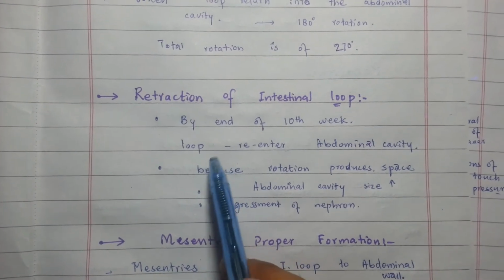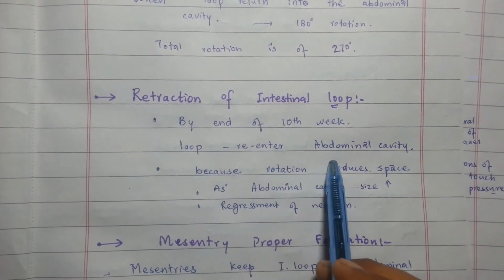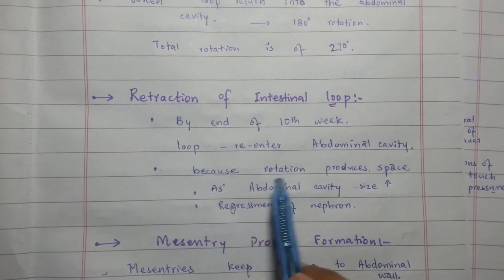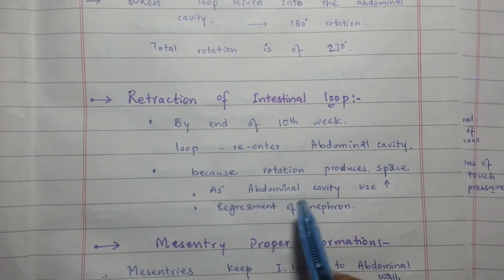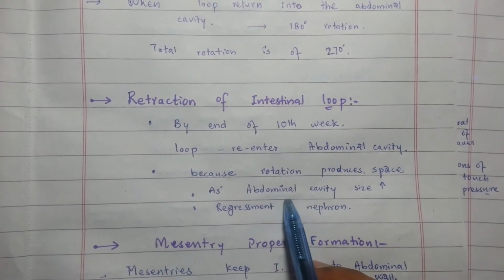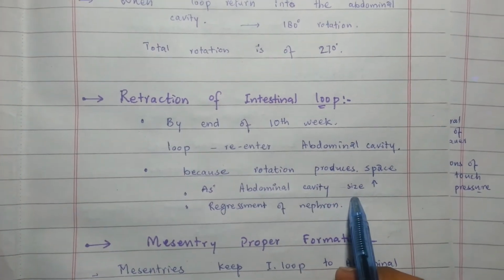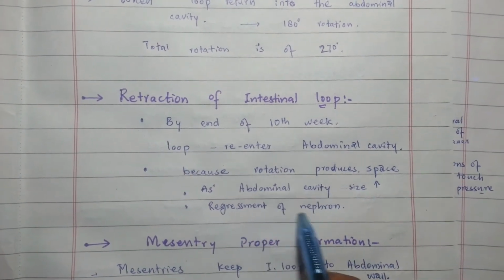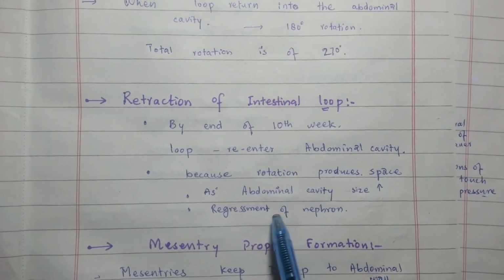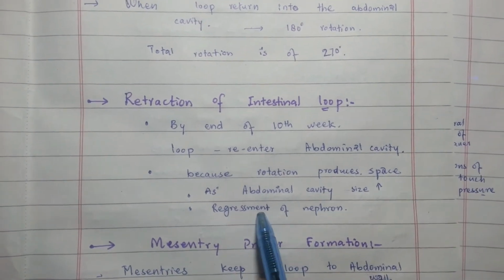At this stage, the loop re-enters the abdominal cavity because the rotation produces free space in the abdominal cavity, and the size of the abdominal cavity also increases due to the regression of the mesonephros and the slowdown of liver growth.